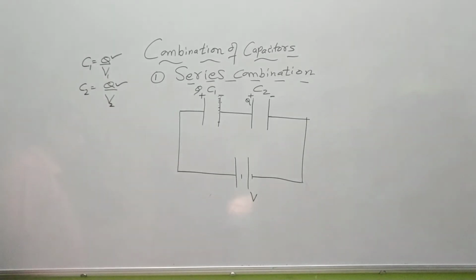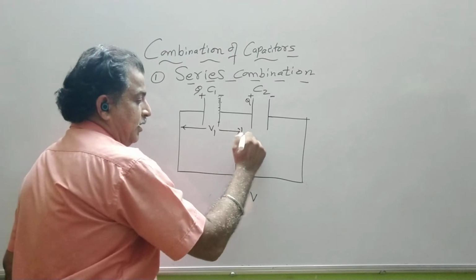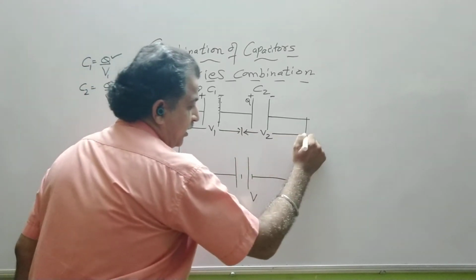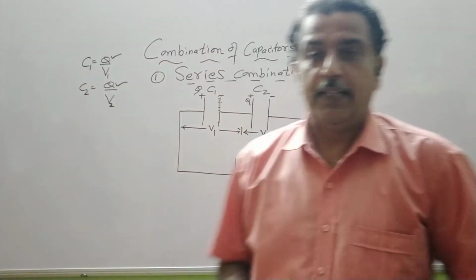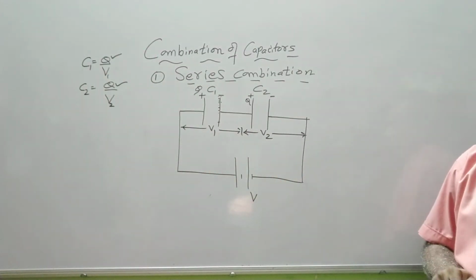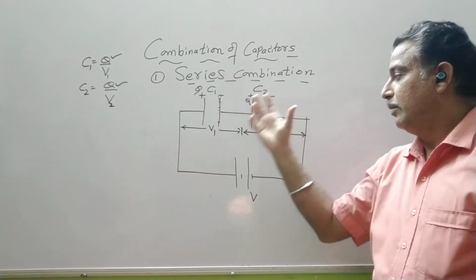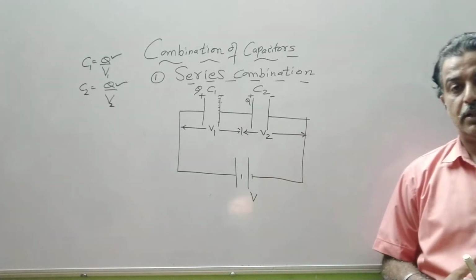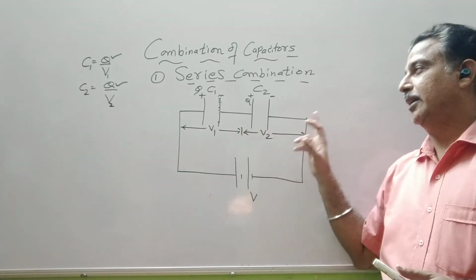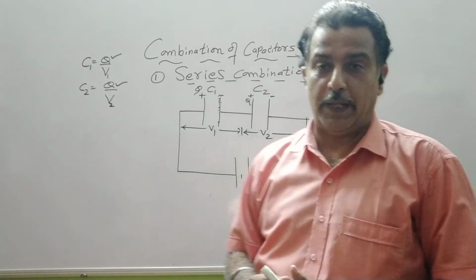The potential difference of this capacitor is V1, and for this it is V2. So what is the conclusion? In a series combination of capacitors, the charge on each capacitor remains the same, but the potential difference is different. V1 and V2 are the potential differences of C1 and C2 respectively.